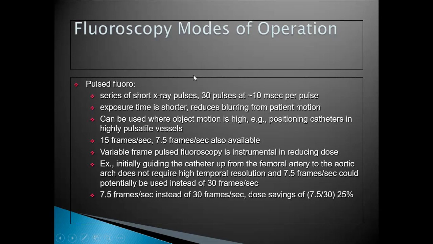Most times the milliamperes, the current, can be increased, but the pulses have to be as short as possible to reduce blurring and lag. Like we said before, it is mainly used in pulsatile vessels, most of them around the heart region.